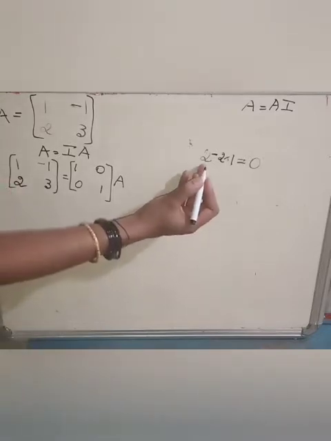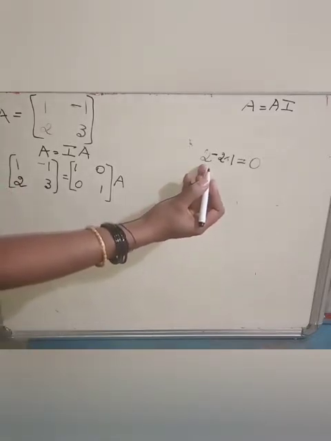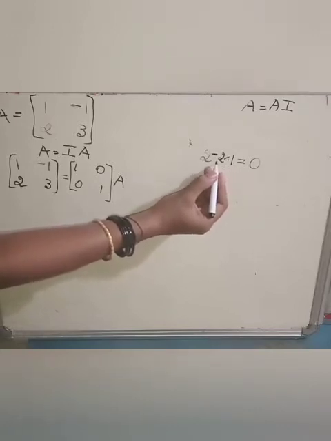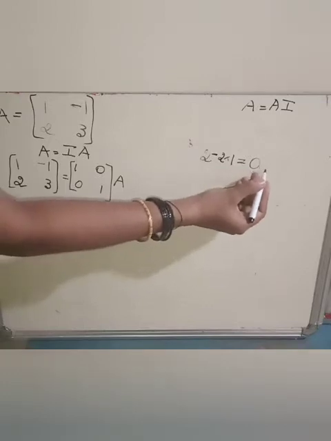This is the entry of the second row and this is the entry of the first row. So 2 minus 2 times 1, the answer is 0.